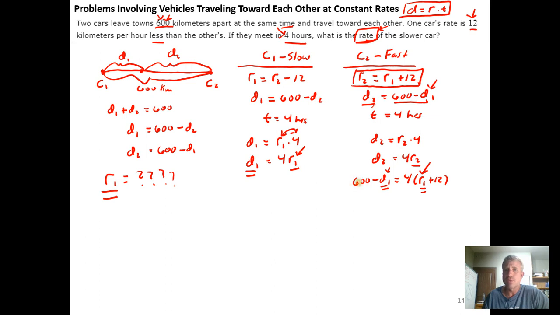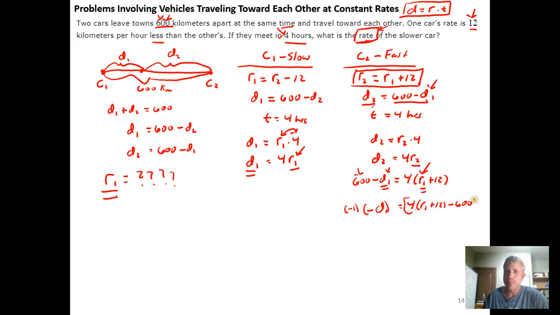So my next move is going to be to subtract this 600 from both sides, which is going to leave me with minus distance 1 equals 4 times rate 1 plus 12 minus the 600. And then to get distance 1 by itself, I'll multiply both sides by a negative 1 to get a positive distance 1 here.